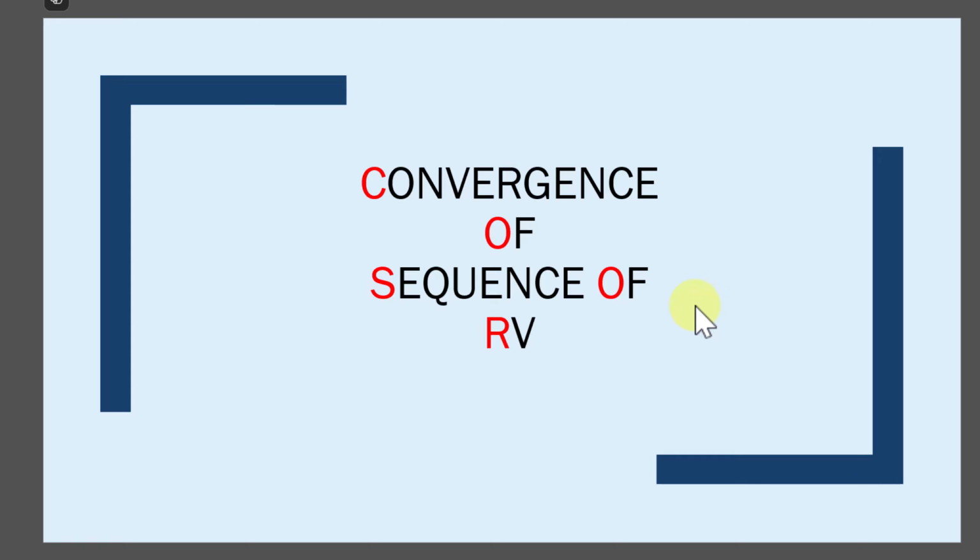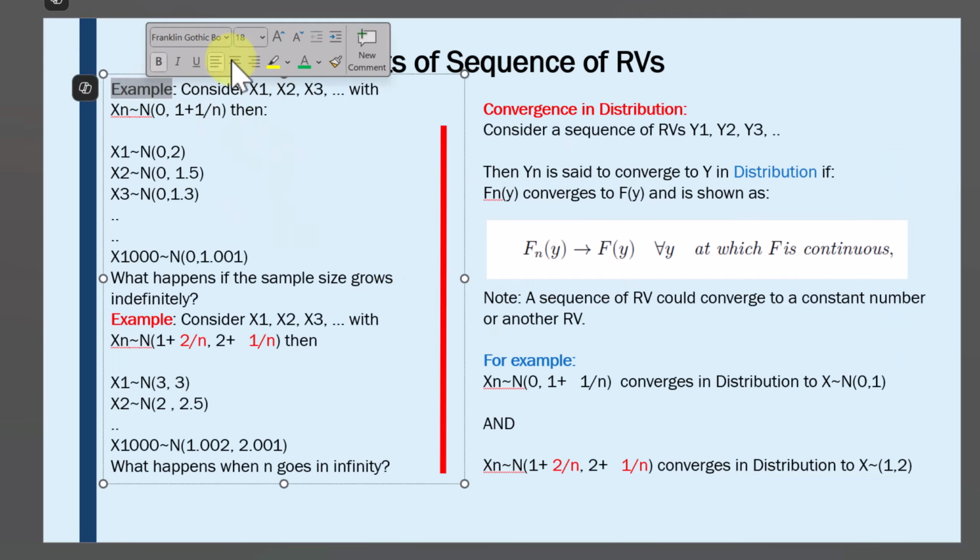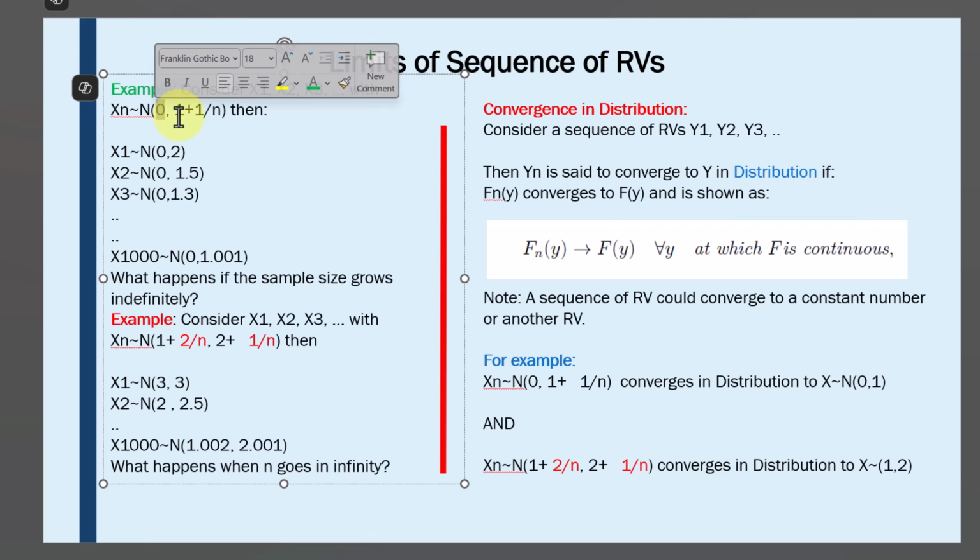Hi and welcome. In this video, we are going to introduce some types of convergence of sequences of random variables. Let's start with an example of a sequence of random variables X1, X2, X3, and so on, each of which has a normal distribution with mean 0 and standard deviation of 1 + 1/n.